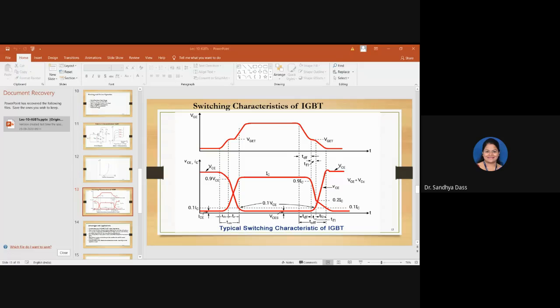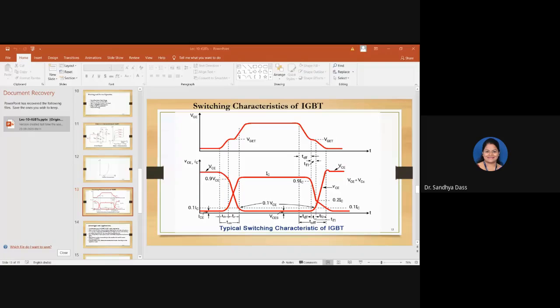And T off is the time where the device will switch off from turn on to turn off. So if we understand how much time it takes to turn on and turn off, that is where you identify T on time and T off time. That is nothing but interpreting the switching characteristics.